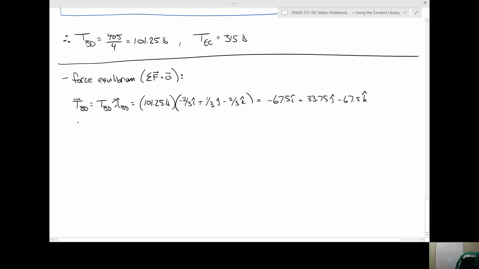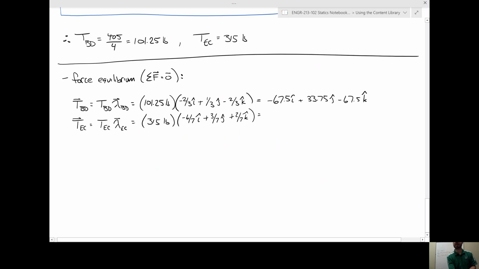And I'm going to do the same thing with the other one. So T_EC is T_EC times lambda_EC. And so that one, the magnitude was 315. And then the unit vector is, let me get the signs right, minus 6/7 i plus 3/7 j plus 2/7 k.